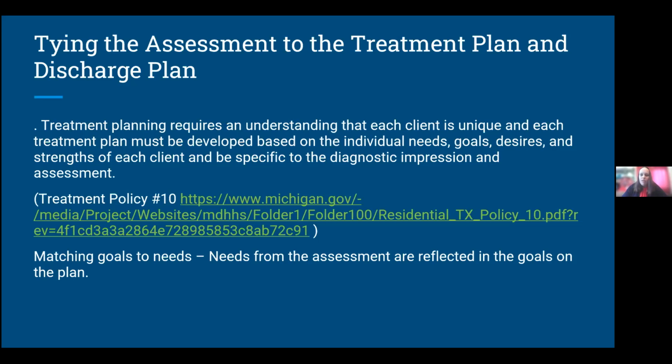But we don't want to leave things unaddressed. And so what that translates to is matching goals to needs. So we identified needs on the assessment, and we want to make sure that we are reflecting those needs in the goals on the treatment plan, if it is something that you have identified that you can actually achieve in treatment.